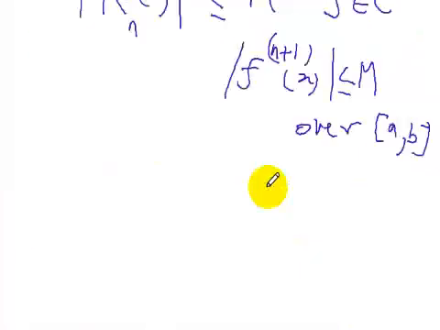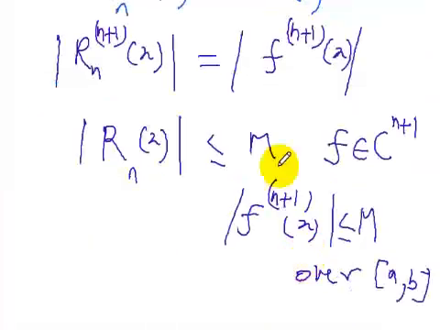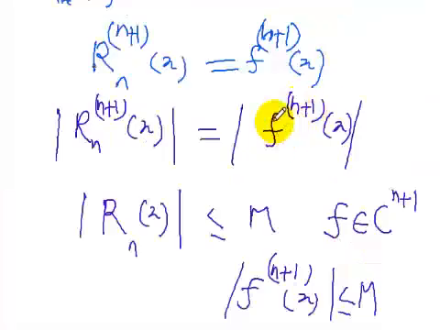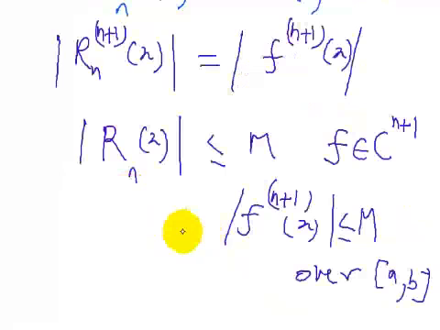Then what can you say about this? We know that the n plus 1 derivative of f is the same as the n plus 1 derivative of the error term, so this one is the same as R_n^(n+1)(x).